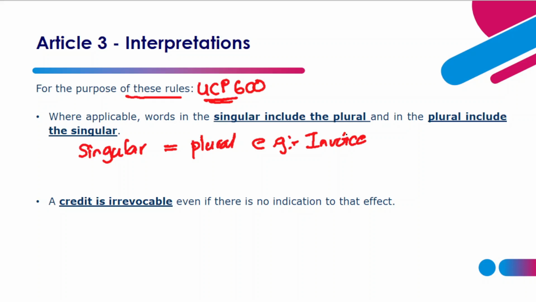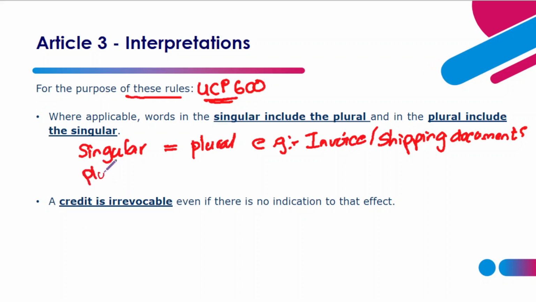But in the context where there are several invoices, or several shipping documents, the wording used in singular form will also be applicable to its plural form. So if they say invoice or shipping document, what they ideally mean is that even its plural form, invoices or shipping documents, also needs to comply with the same thing.